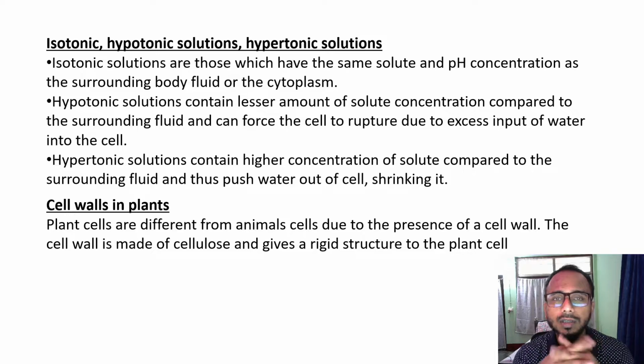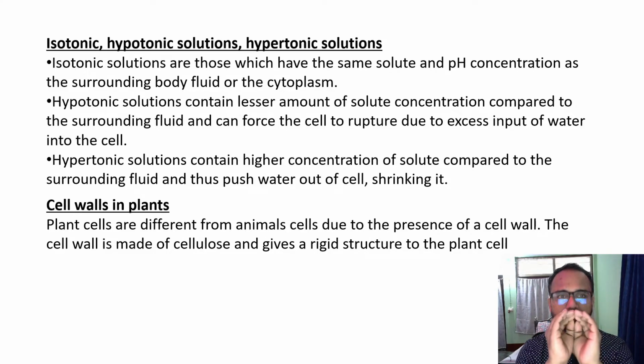Hypotonic solutions contain a lesser amount of solute concentration compared to the surrounding fluid, and force the cell to rupture due to excess input of water into the cell. Now, I told you what happens in diffusion: movement of molecules happens from a point of higher concentration to the point of lower concentration. Now suppose this is a cell.